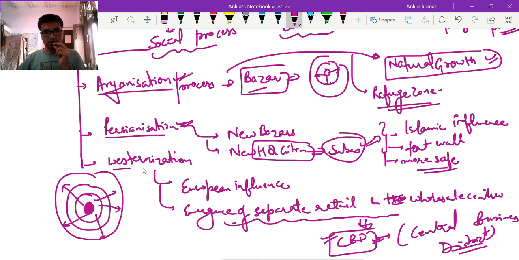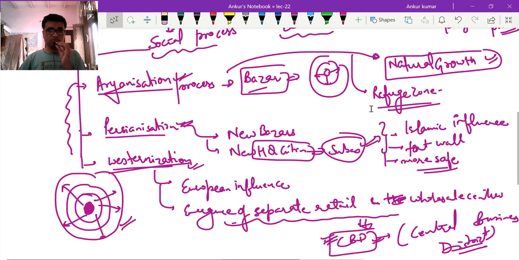So during westernization, the main influence was Western, and the cities grew along CBD lines, as Chicago and other Western cities were growing. This was the social process of urbanization, which we can discuss under these three heads.